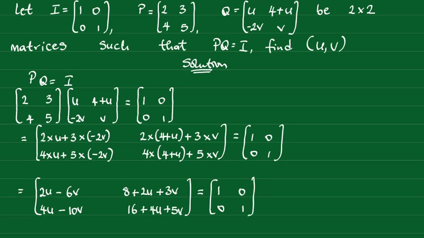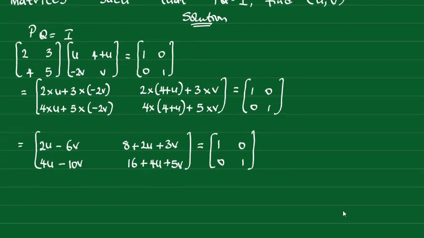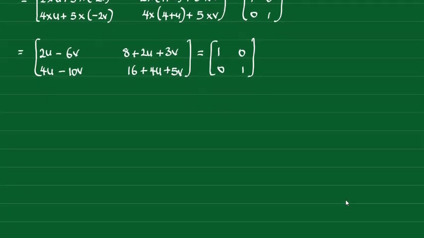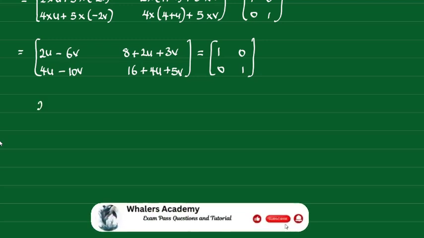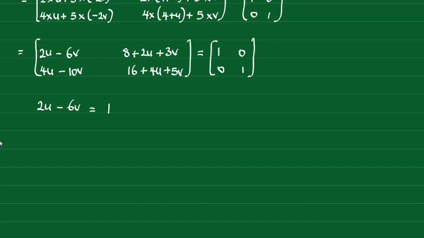At this point, it is possible for us to equate our terms in U and V to continue solving. So from row 1, column 1, we have 2u minus 6v equal to 1. Term this as our equation 1.